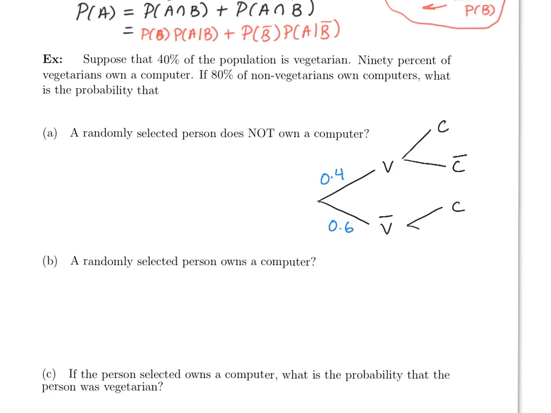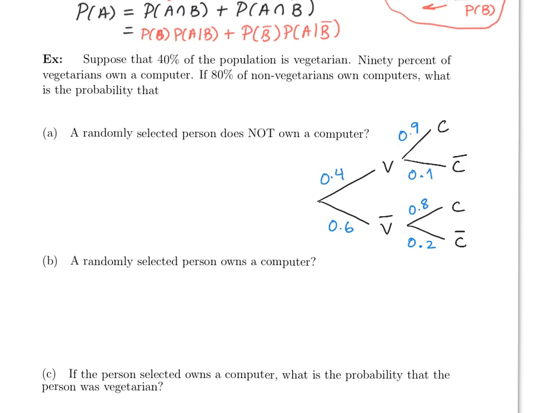Same thing for the non-vegetarian people. This is telling you that if the person is vegetarian, there is a 90% chance that they have a computer, so therefore there is a 10% chance that they don't have one. Then it tells you there is an 80% chance on this side, so hence there is 20% on this side.